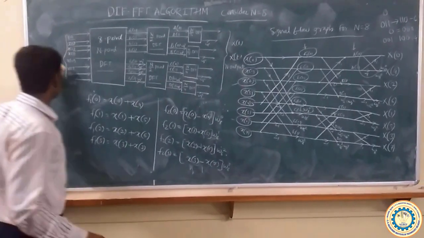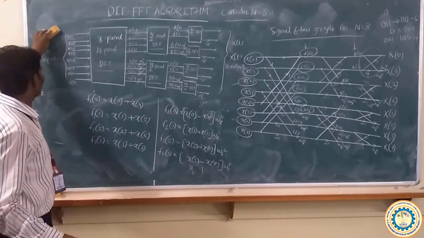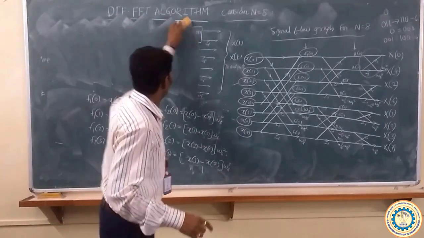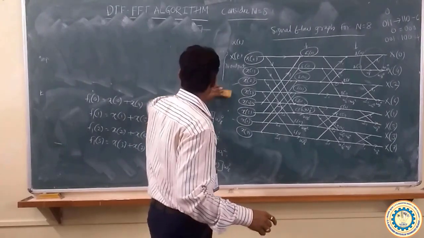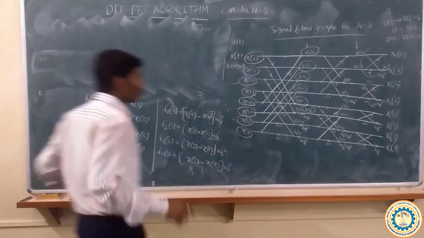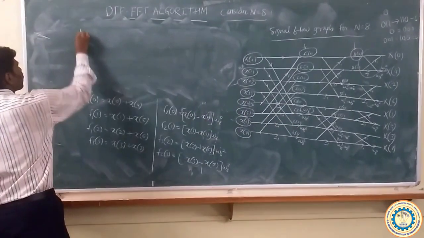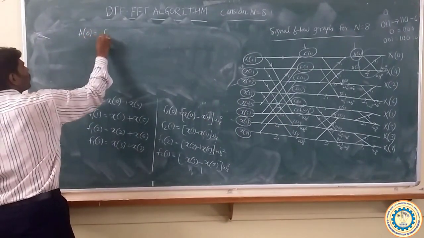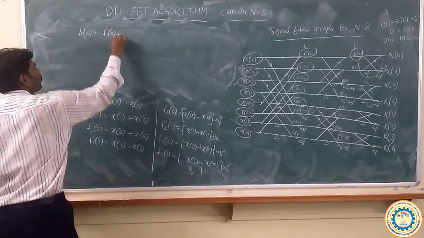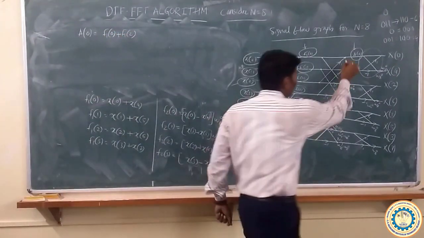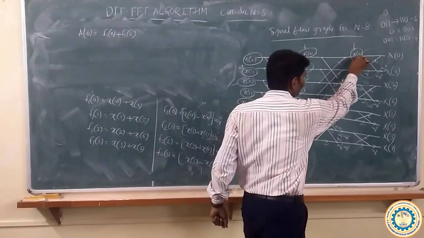So I can write a of 0 is equal to f1 of 0 plus f1 of 2. So this is a of 0.